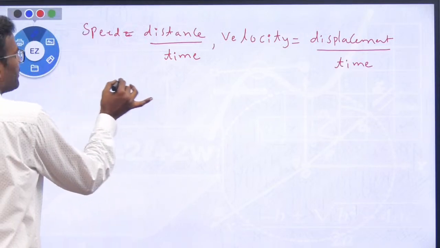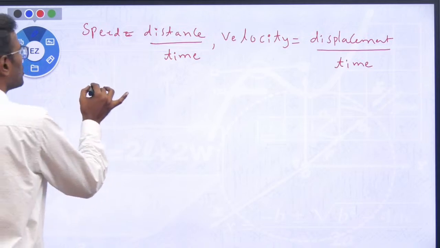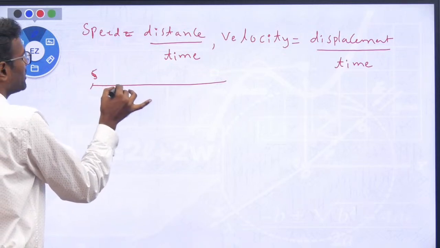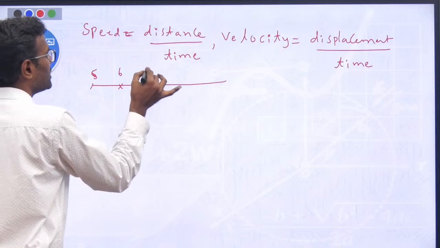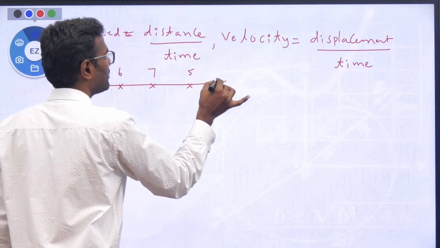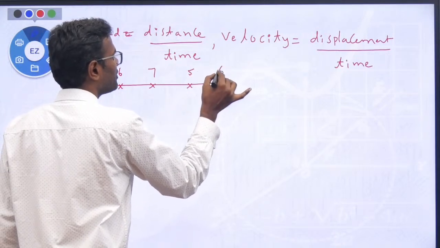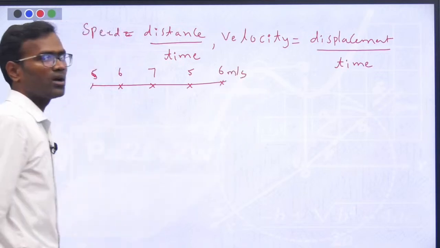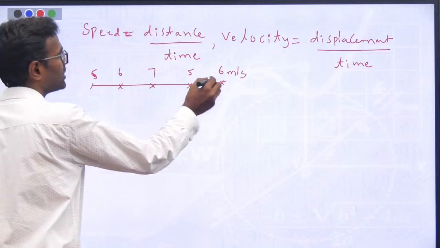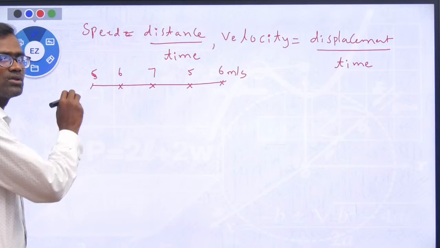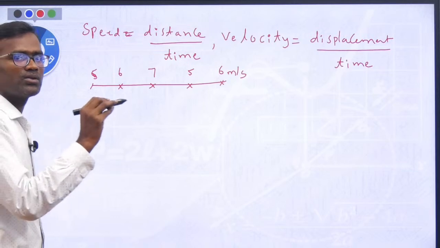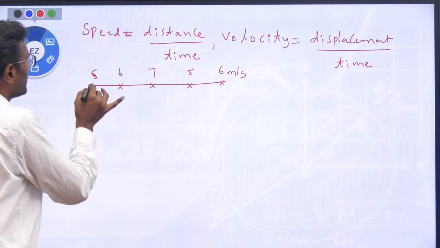If the body is moving with different speeds throughout the motion, let me write some: 5 meter per second, here 6 meter per second, here 7 meter per second. Again it slows down to 5 meter per second, again increases to 6 meter per second. This is said to be non-uniform motion. When it is moving in a straight line in one direction, average speed is equal to average velocity.